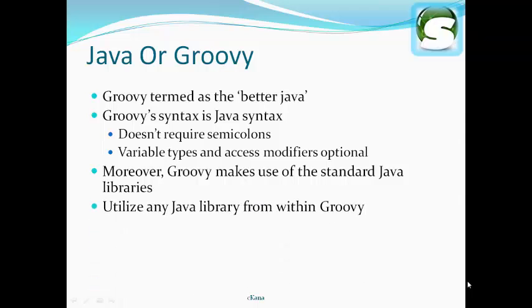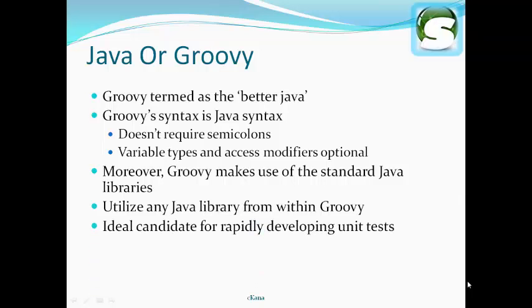It utilizes any Java library from within Groovy, including JUnit. It is the ideal candidate for rapidly developing unit tests. Its relaxed Java-like syntax, its reuse of standard Java libraries, and its rapid build and run cycle makes it an ideal candidate.